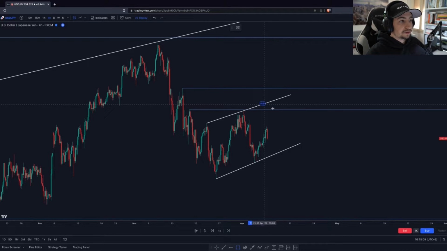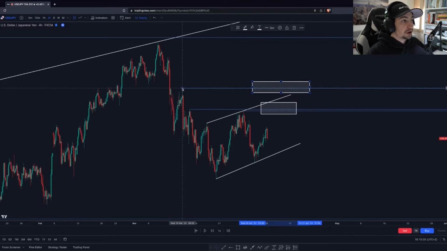So the first one being this value area over here, which kind of coincides with this override section over here and this first hook point where we kind of corrected and then pushed to the downside and then started forming this. So this would be the first area of value. And the second area of value would be this larger hook point over here.